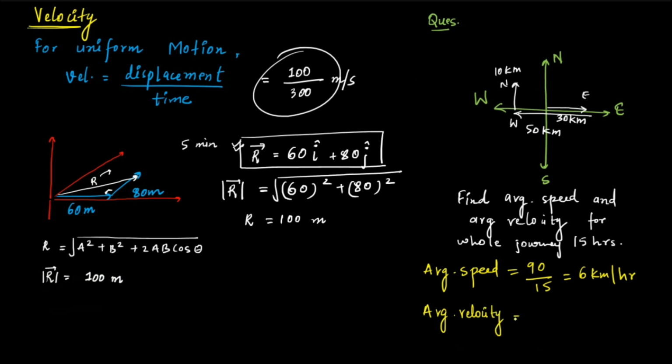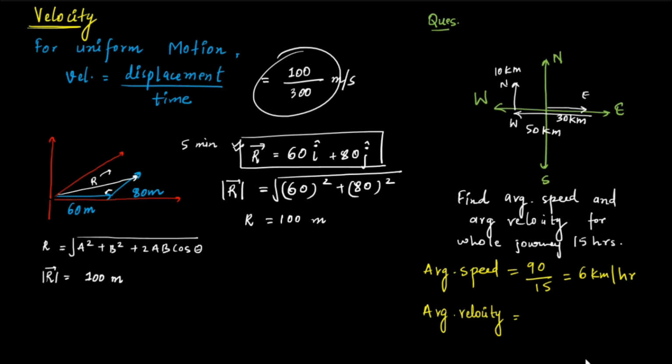So this displacement would be square root of 500, right? Because from the starting point to the end point, the x component is 20 kilometers and the y component is 10 kilometers, right?